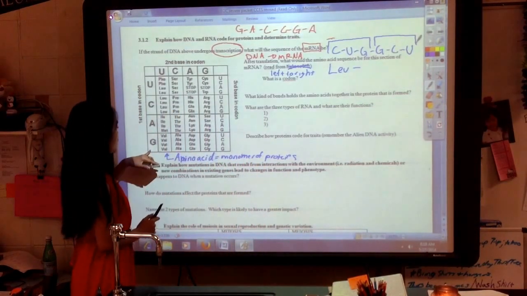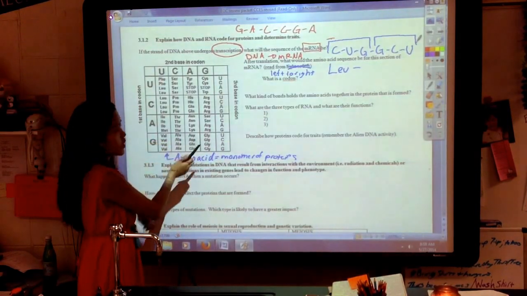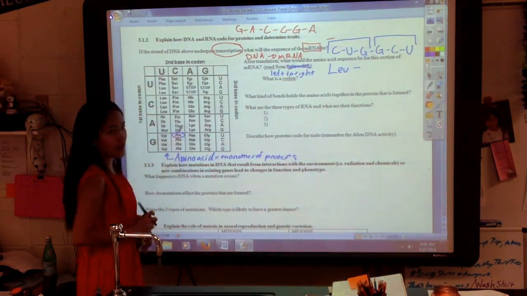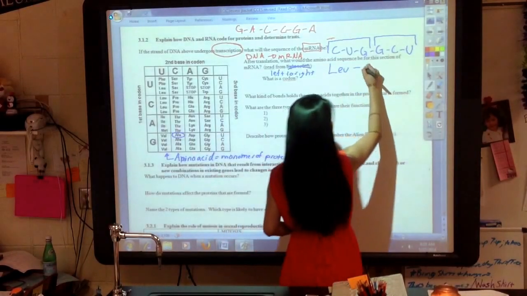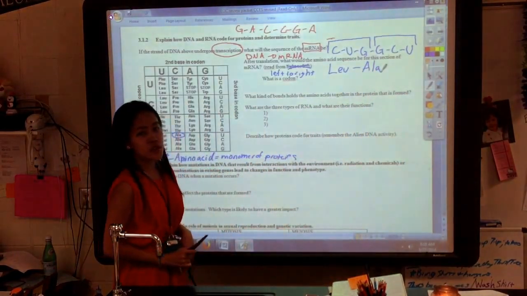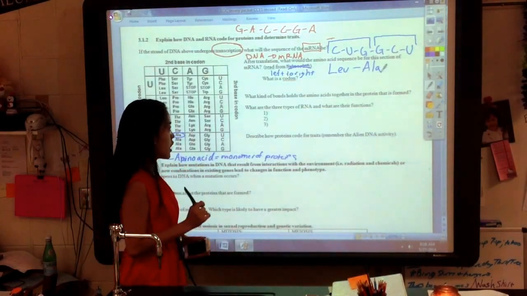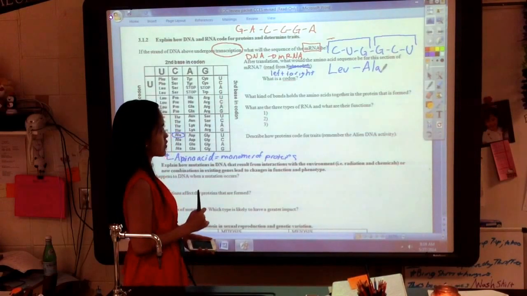Here we have our G, here we have our C, and our U. So our amino acid is going to be ALA, alanine. So these two words would actually make up the chain of amino acids, or the chain for the protein that we're trying to make in our cell.